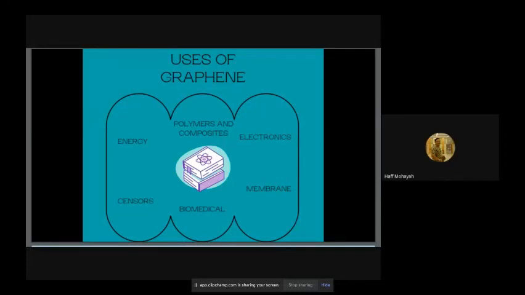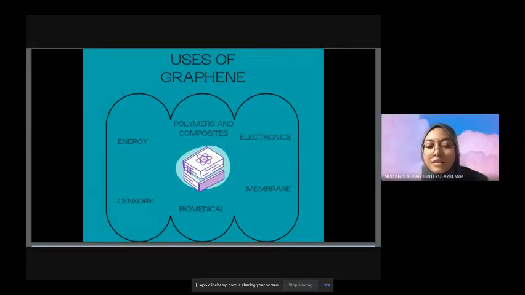Next is electronics, where graphene can enhance the functionality of the touch screen of smartphones and make faster computer circuits, where graphene flexibility allows the touch screen of a smartphone to be flexed or folded.